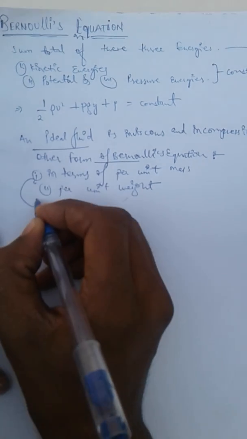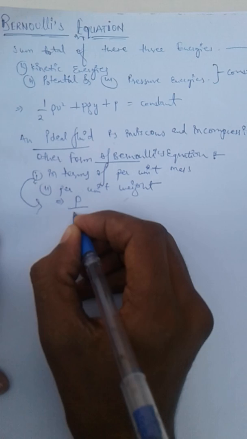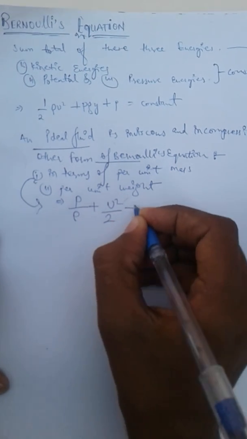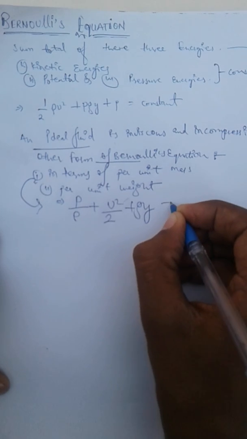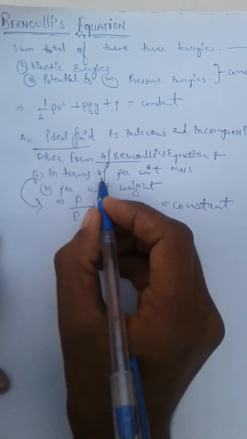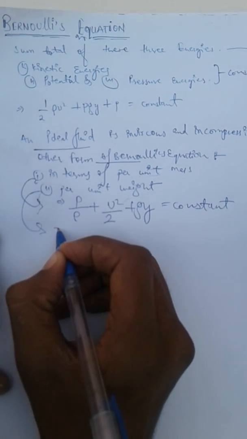In per unit mass, what is the equation? The equation is P upon rho plus V square upon 2 plus gy equal to constant. And in terms of per unit weight, what is the equation?